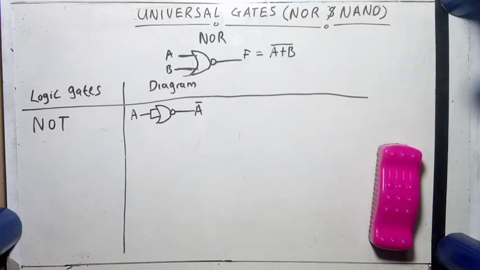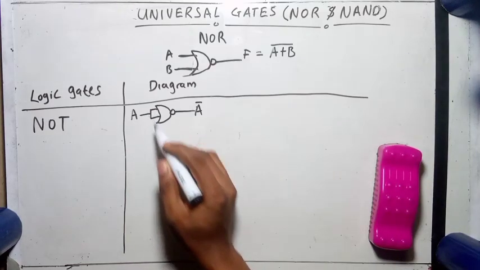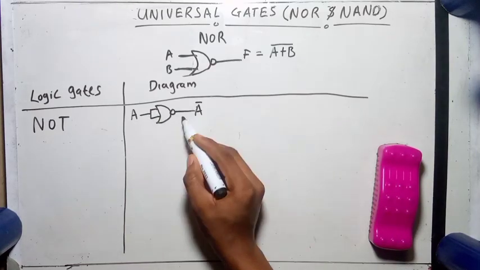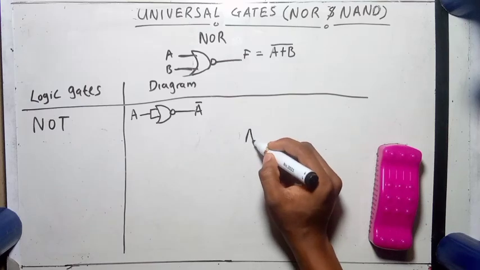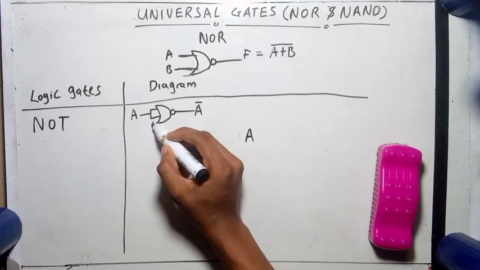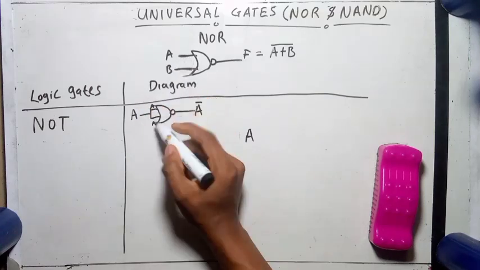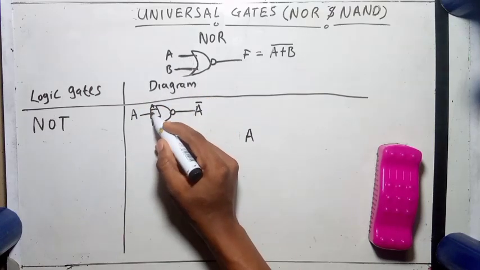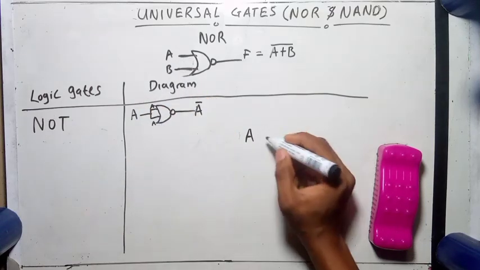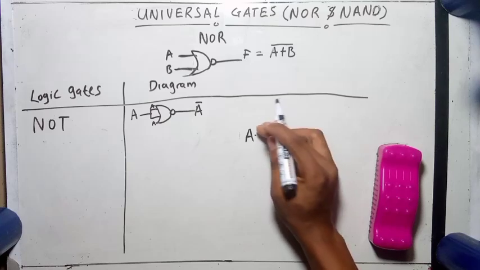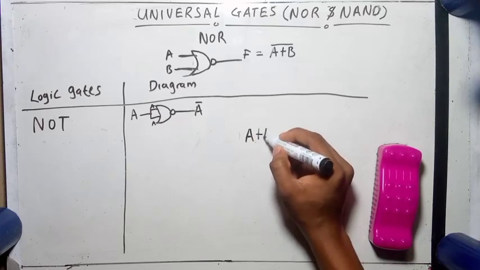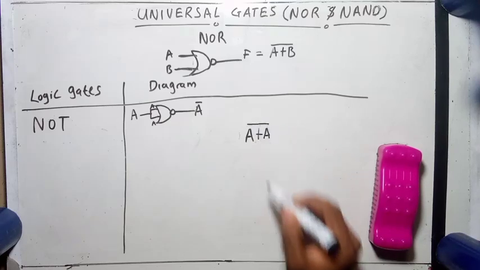Now, how is this true? A will go in here, and that A will also go in here. I'm splitting it into 2 from this junction, one going here, one going here. So we're having A plus A, bar.